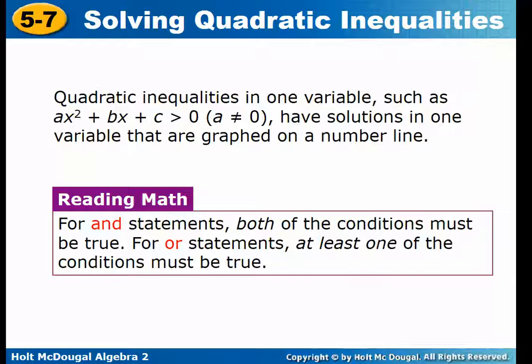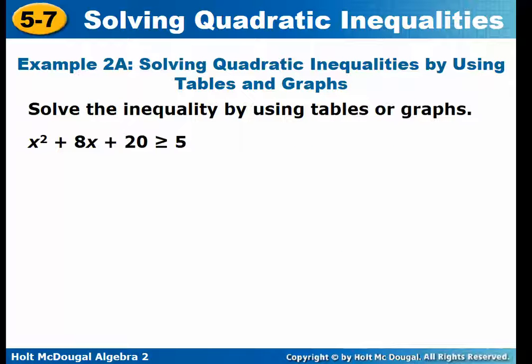All right, now we're going to look at quadratic inequalities that instead of having y is greater than this, they're going to have a number there. So here's an example. x squared plus 8x plus 20 is greater than or equal to 5. We do this a little bit differently than the last example where it was y is greater than or equal to a quadratic.